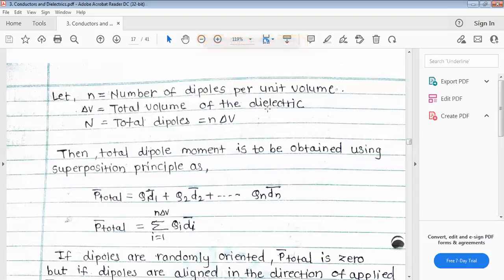Delta V is the total volume of that dielectric, and capital N is the total dipoles.